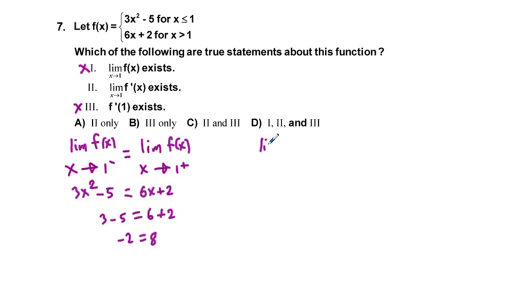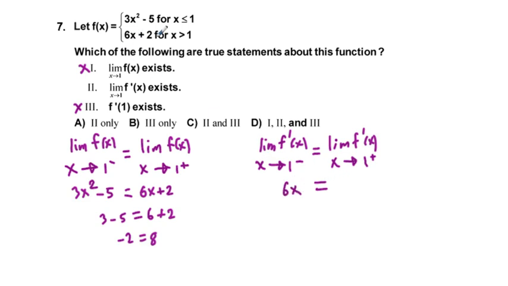We have the limit as x approaches 1 from the left side, not of f of x, but f prime of x, equals the limit as x approaches 1 from the right side of f prime of x. We'll just take the derivative of the left side, 3x squared minus 5, which is going to be 6x.